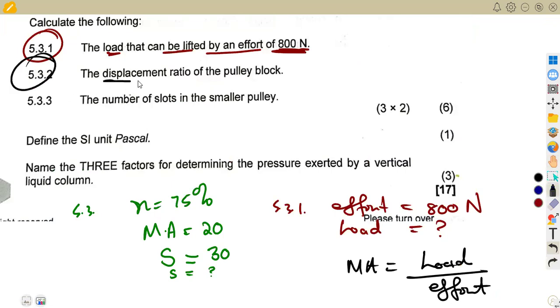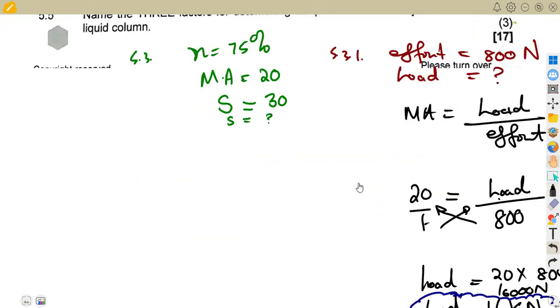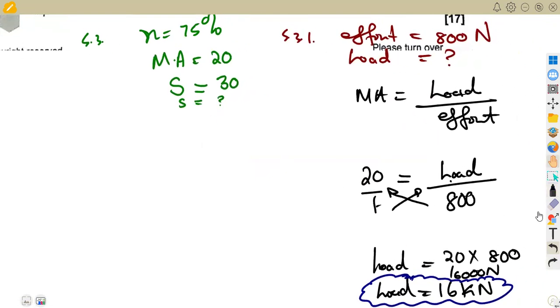5.32, the displacement ratio of the pulley block. All right, so the displacement ratio is the same as the way we calculate our velocity ratio.